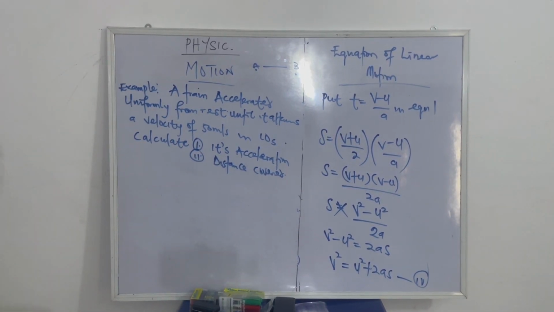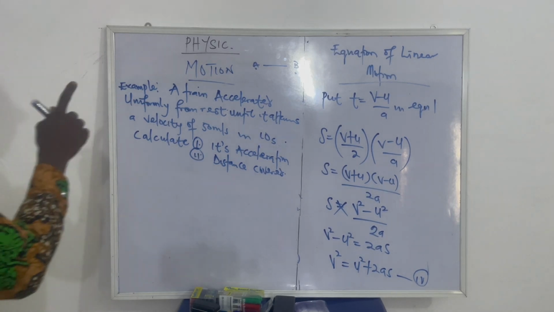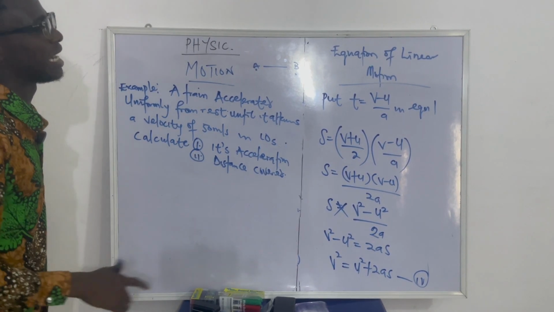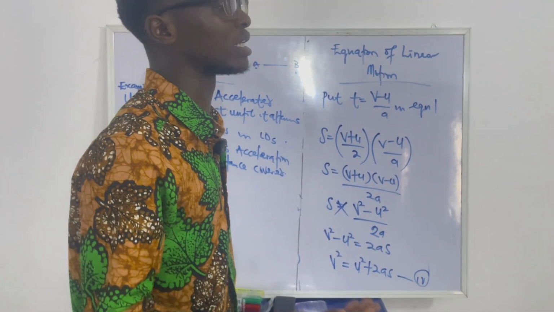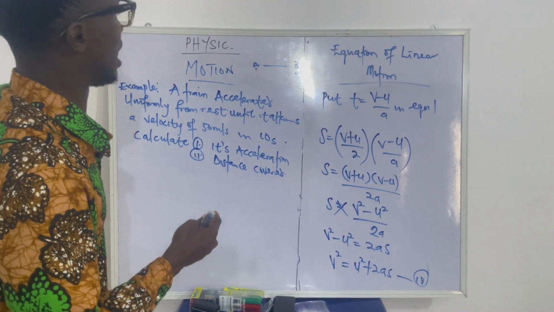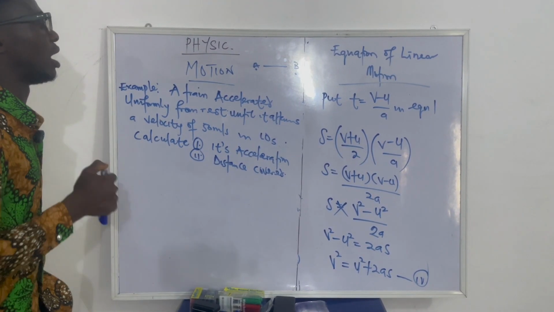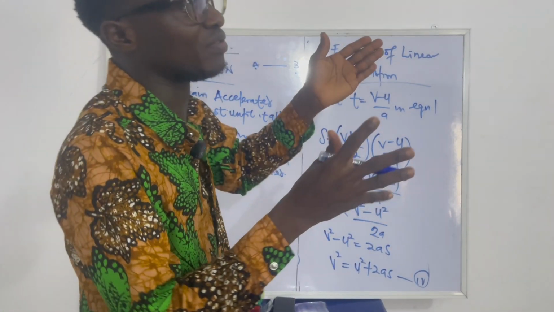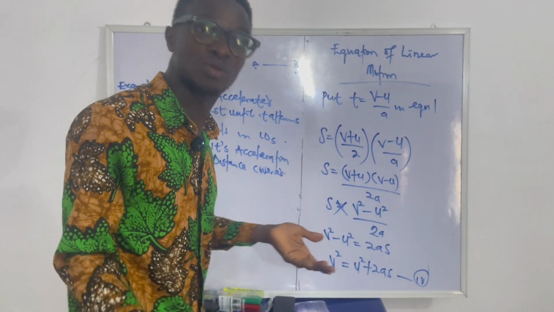So the question goes thus. It said a train accelerated uniformly from rest until it attains a velocity of 50 meters per second in 10 seconds. Now, quickly, there are some simple terms that I'm supposed to explain earlier, but I can still explain them now. We know velocity, we said, is the rate of change of displacement with respect to time.